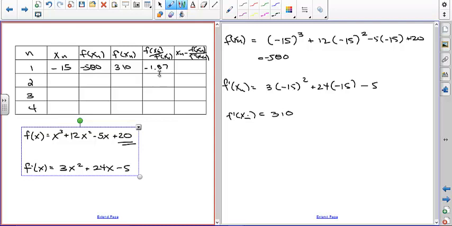And if I subtract negative 1.87 from negative 15, basically plus 1.87, I get negative 13.13. So that's my new guess, negative 13.13.